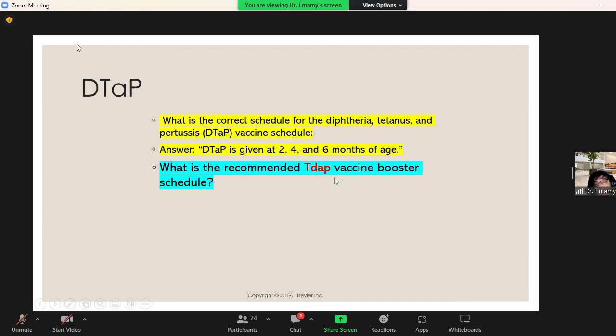During adolescence and adulthood, you give Tdap every 10 years. So DTaP you give at 2 months, 4 months, and 6 months to children. In adulthood, after the age of, for example, 10 years, you give Tdap. Tdap is a vaccine booster every 10 years.